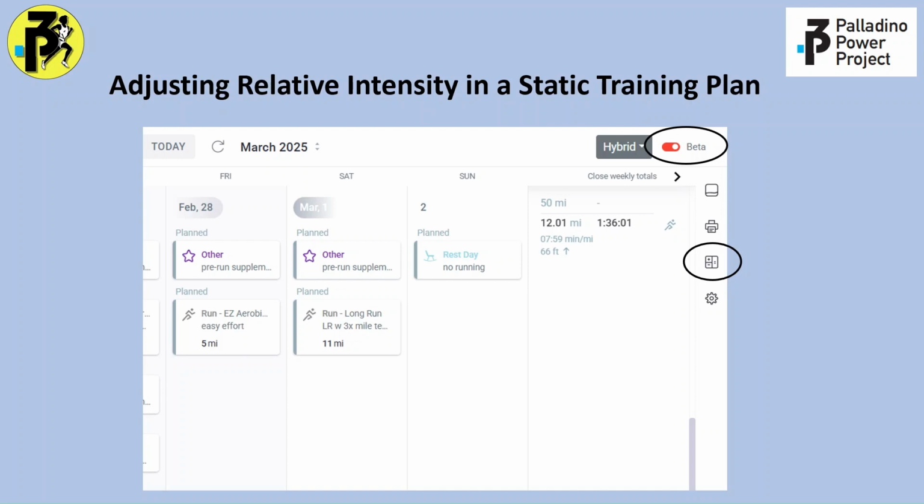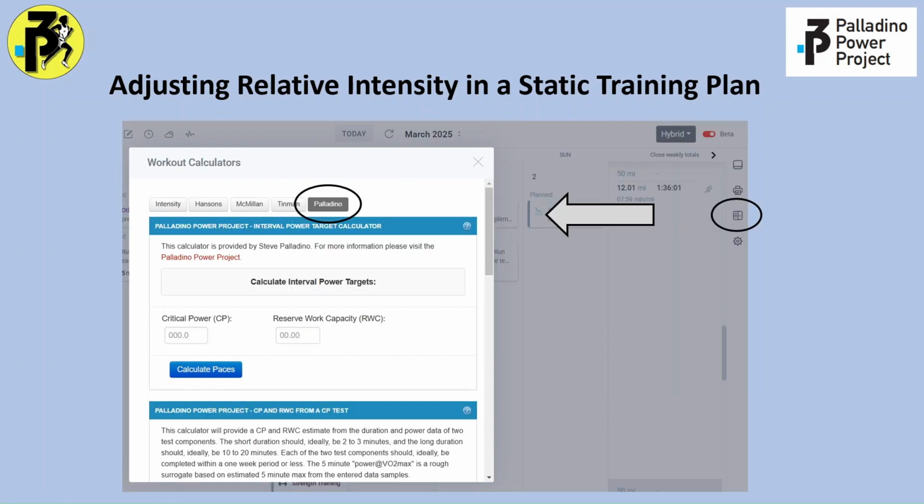And so even if you don't use Final Surge training plans, you still have a calendar. In beta mode, first make sure it's in beta mode, the calendar. There's this icon here, which is for calculators. Click on that icon, and you'll come to a number of different calculators: Hanson's, Macmillan, Tinman, Palladino.